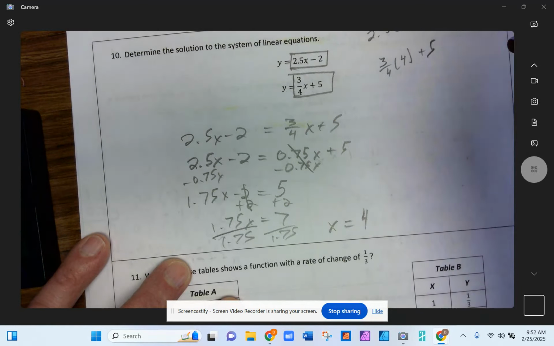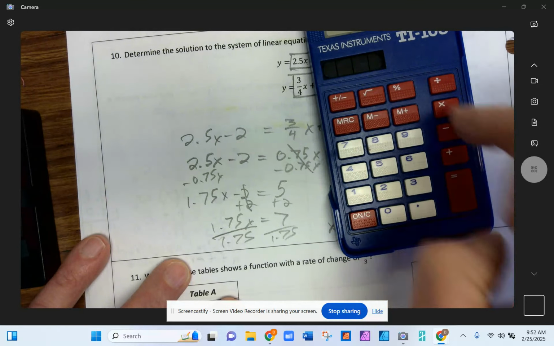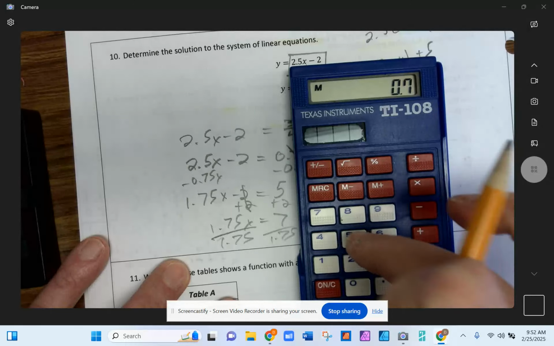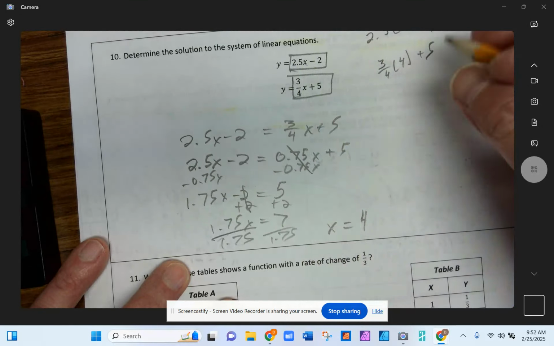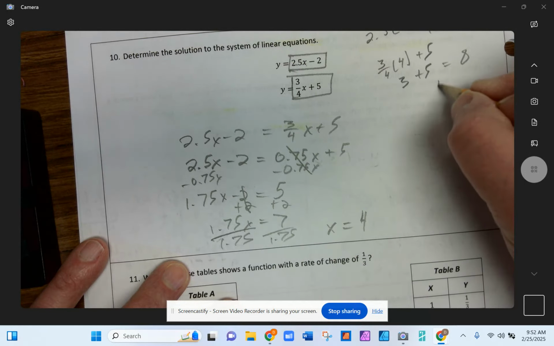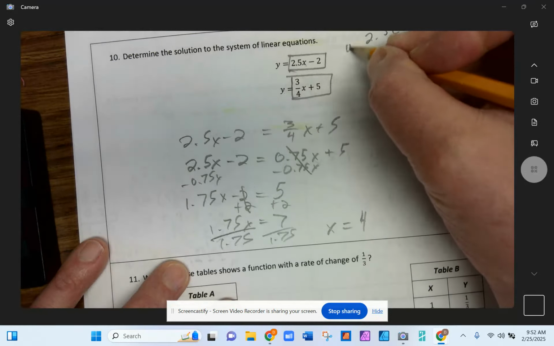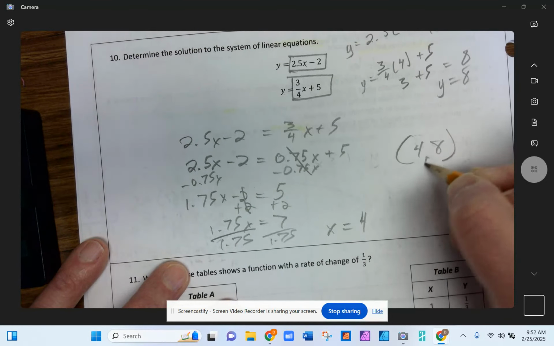And then 0.75 times 4 is 3. Plus 5, is 8. Look at that. So our y value is 8. So your solution is 4, 8.